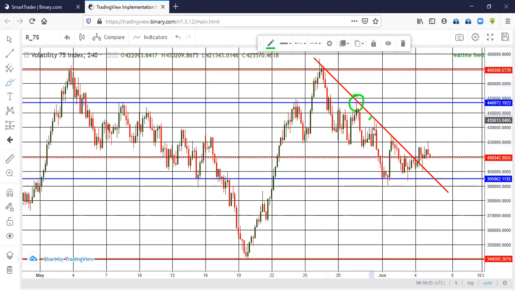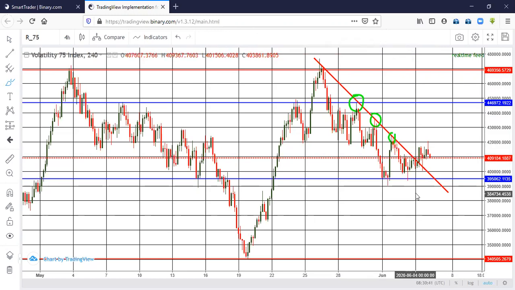Then we have point number two, where our entry was supposed to be taken. Point number three, where our entry was supposed to be taken. And then we also had point number four, which was not that good of a position to enter, because at this point it had actually reached our support line, which is here.